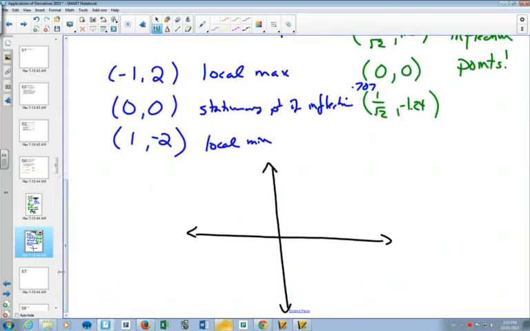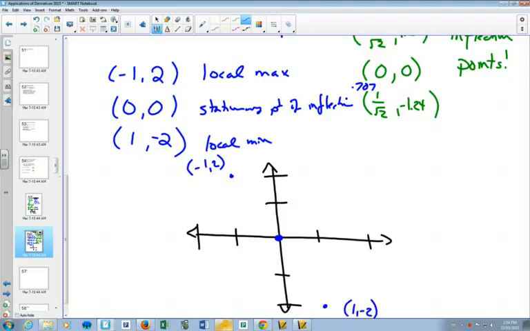So we can set our scale this way. We're going to have negative 1 comma 2 as one local max, 0, 0 as a stationary point of inflection, and 1, negative 2 as a minimum.